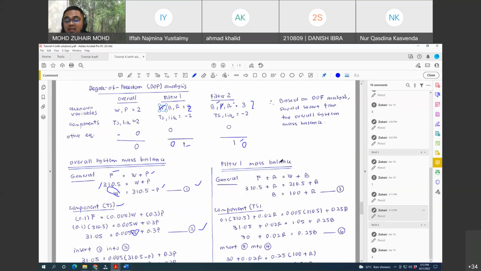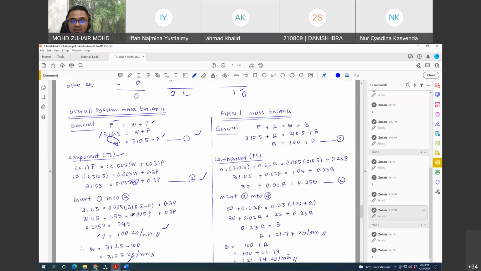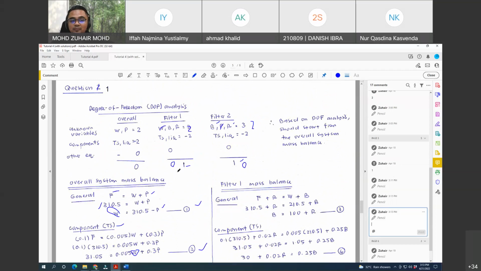So in this case, we can start the next calculation with filter 1 or filter 2, because both processes already give a degree of freedom of 0. So either filter 1 or filter 2, you can start.